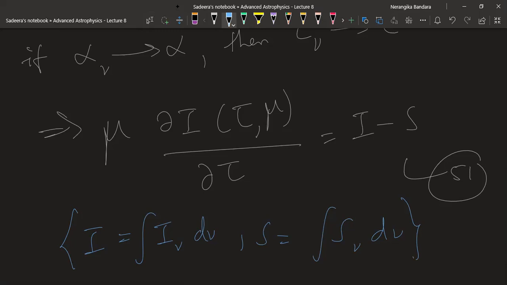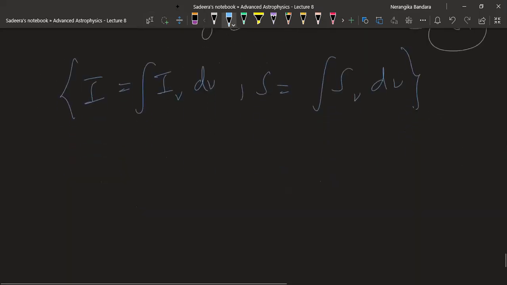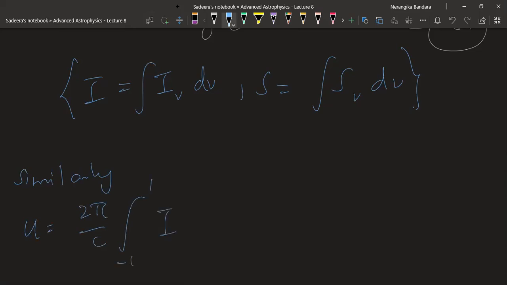Similarly, you can write down that the energy density is equal to 2 pi times the integral over mu, and the flux, again 2 pi times the integral.